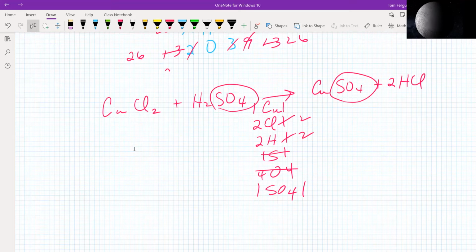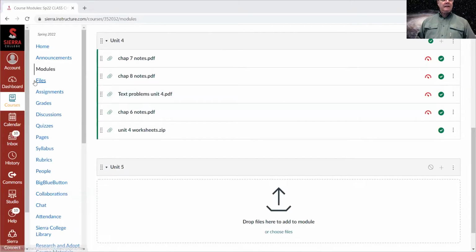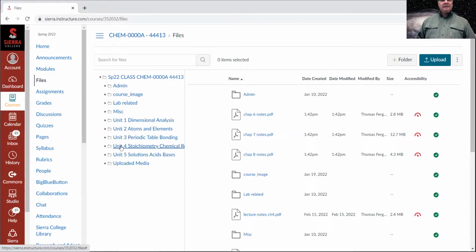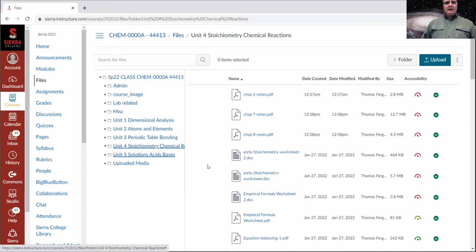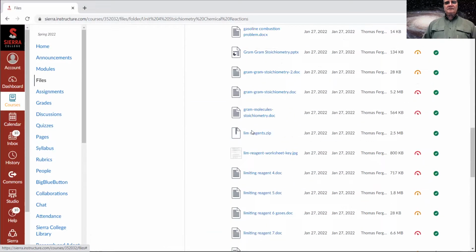Okay, so let's do some practice. What I'm going to do is pull up a worksheet. Under files, these are all the files I gave you, lots of practice.